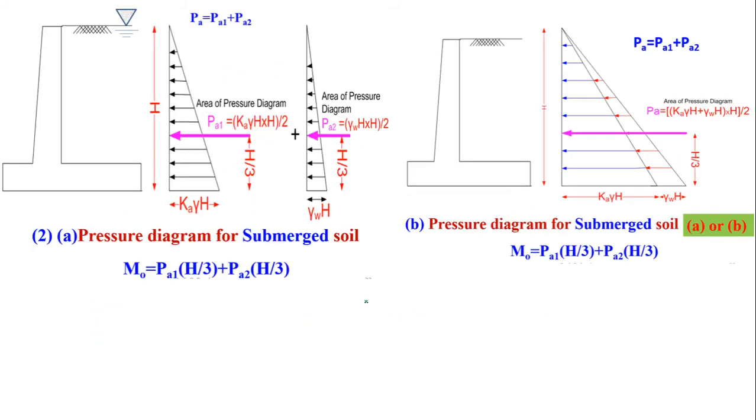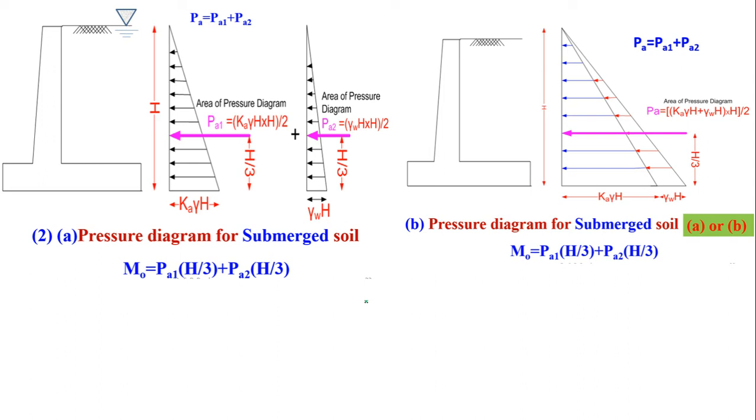Now the second case, the pressure distribution diagram for the submerged soil, meaning the soil is under water. Here you can see the two diagrams I have selected. Both diagrams are the same, but the approaches are different.